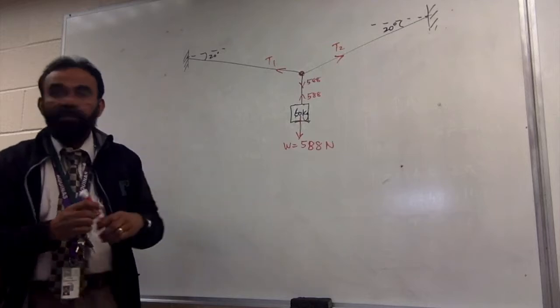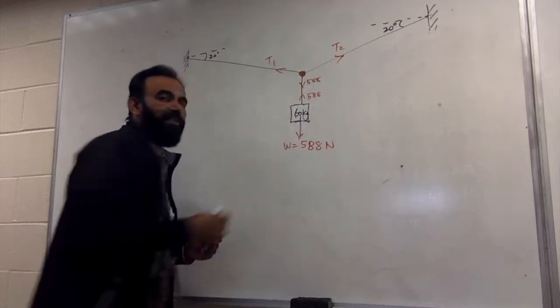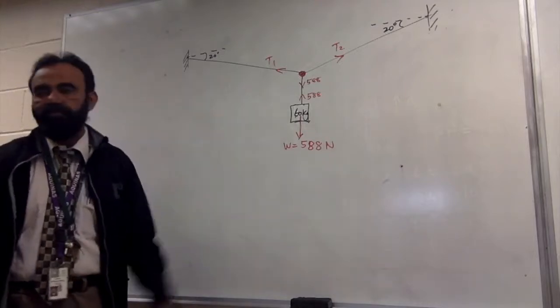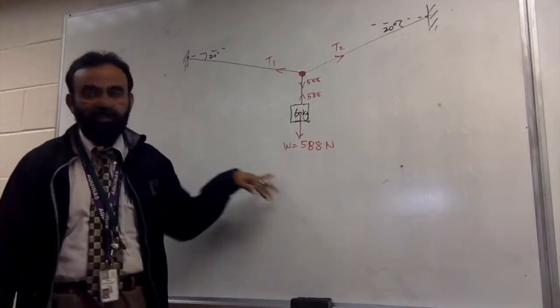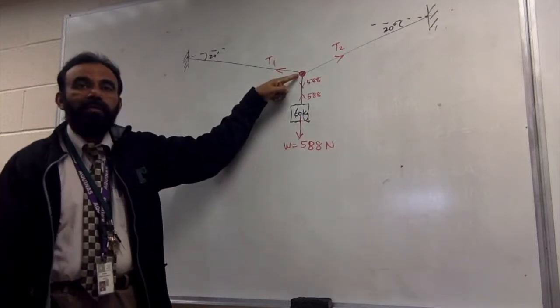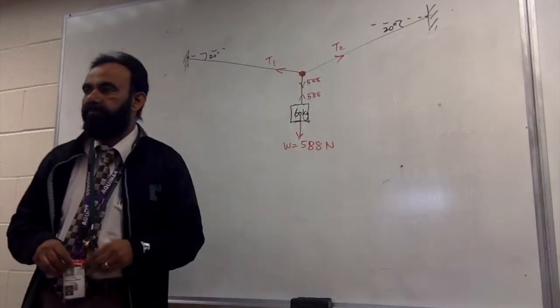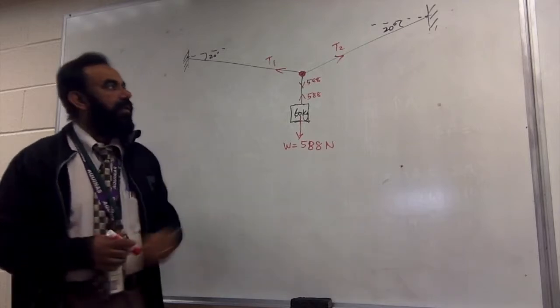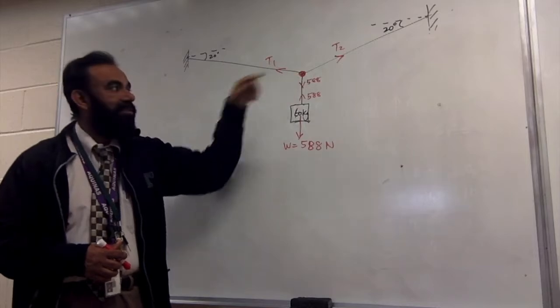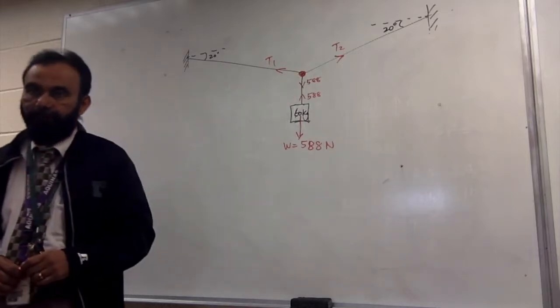Is that okay? Our focus is only on the place where he's holding the hands, not any of this. So what is the boy doing? He's pulling the rope at 588. Okay? Now, is that junction in equilibrium?